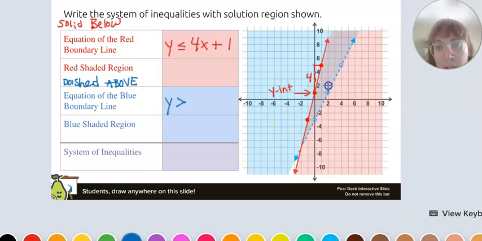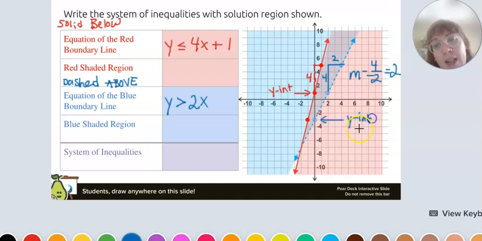Our slope is up 1, 2, 3, 4 over 2. So 4 over 2 can just be simplified to 2. So we have 2x. And then our y-intercept is way down here where it crosses that y-axis at a -3. Perfect.